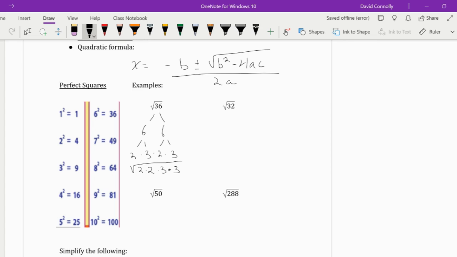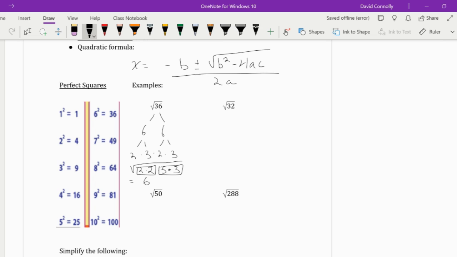So I have a pair of 2's here and a pair of 3's here, and those we are going to pull outside of the square root. If we ever have more than one pair, we're just going to multiply them together. So we multiply 2 times 3, and we get 6. And we're going to continue to do that for the rest of these problems.